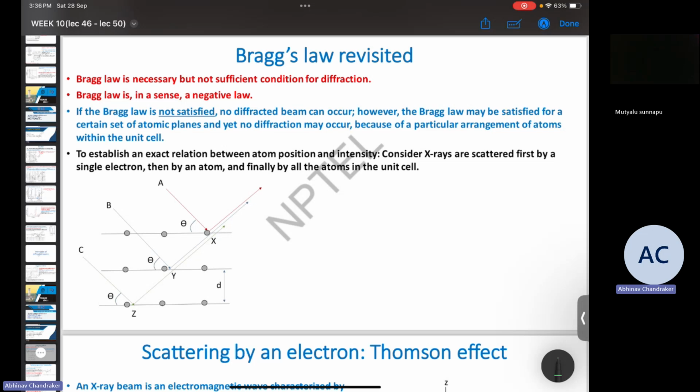It can happen that atoms are arranged in such a way that there is some destructive interference taking place at that angle, even though Bragg's law is being followed, and you might not be able to see a peak in intensity at those angles.